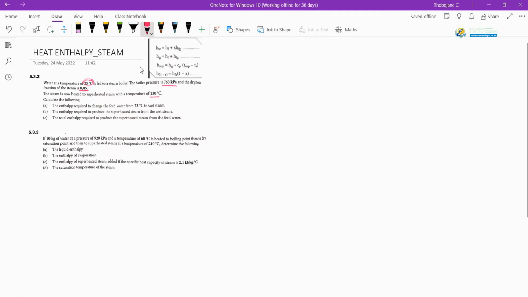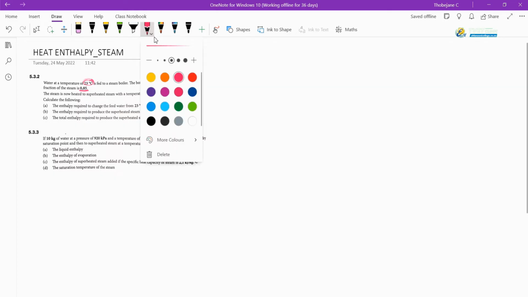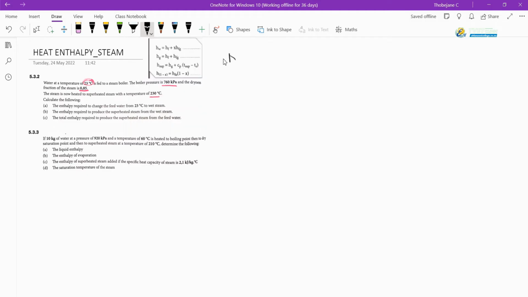Let us extract our data before we start with everything. So what is it that we are given here? We are given the initial temperature of the water, which is 23 degrees Celsius.